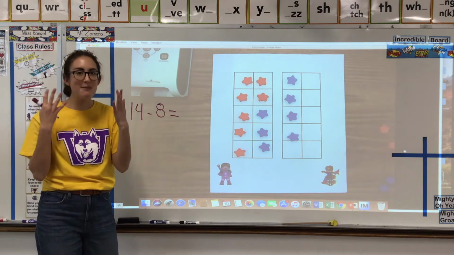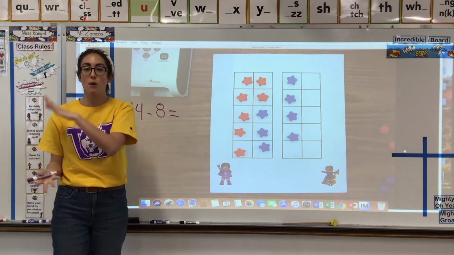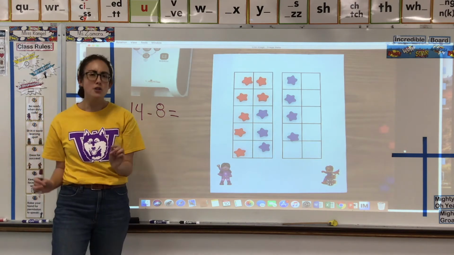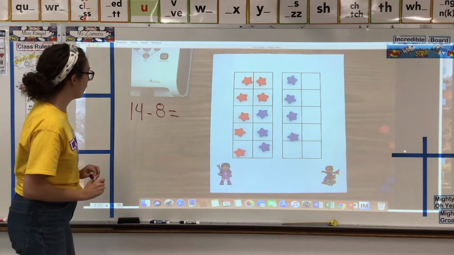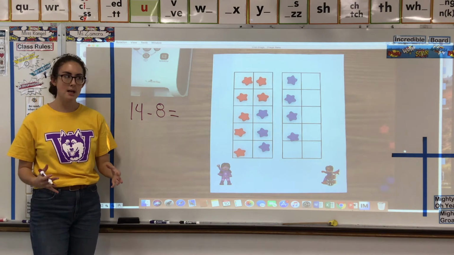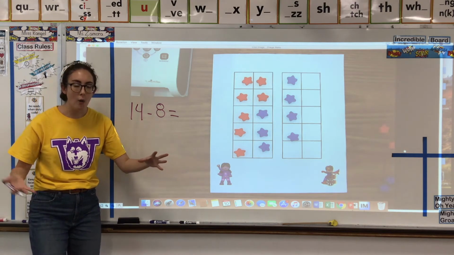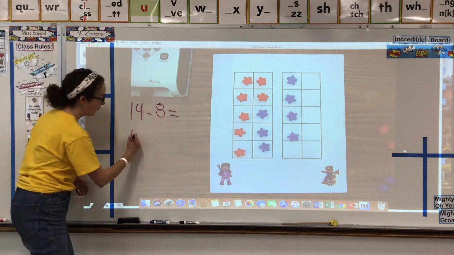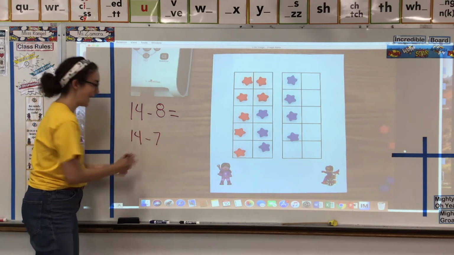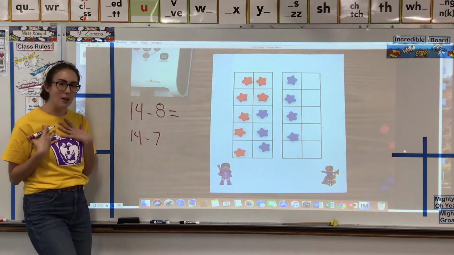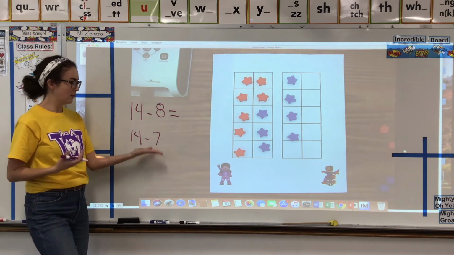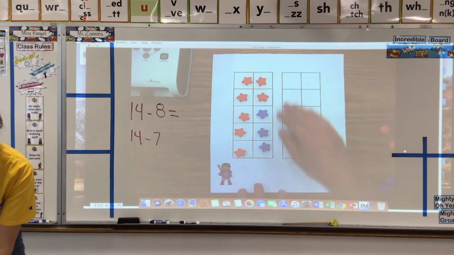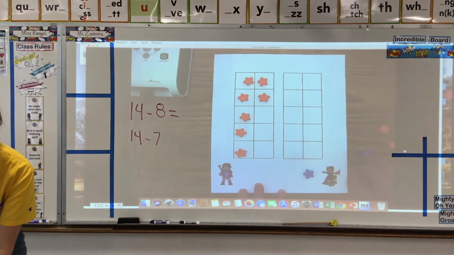There are mental math strategies where we can use what we already know to solve a new problem. So second grade, looking at 14 minus 8, I already know a double subtraction fact. I know 14 minus 7. What is 14 minus 7, Super Scholars?